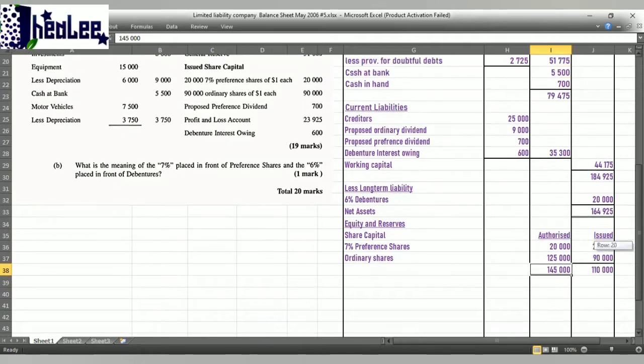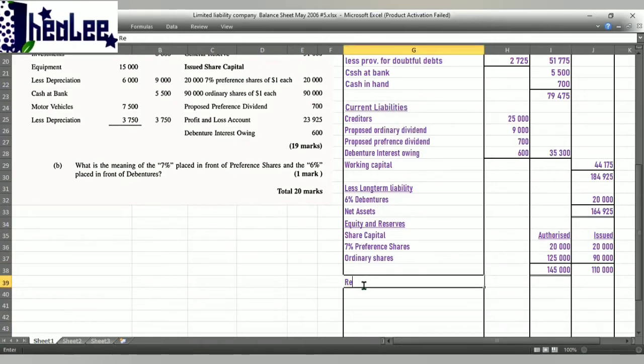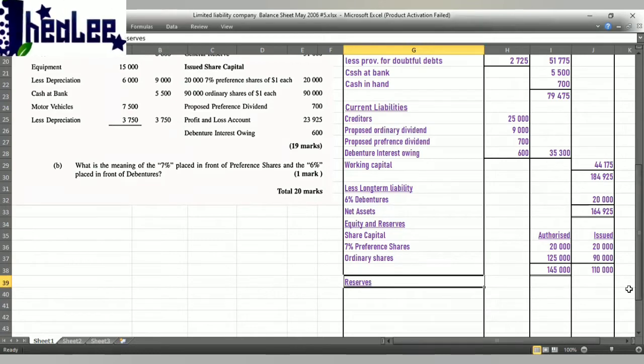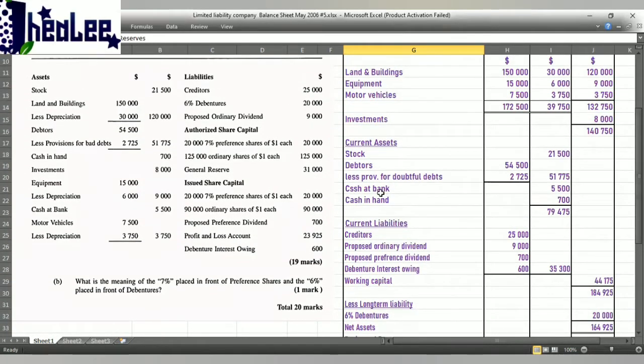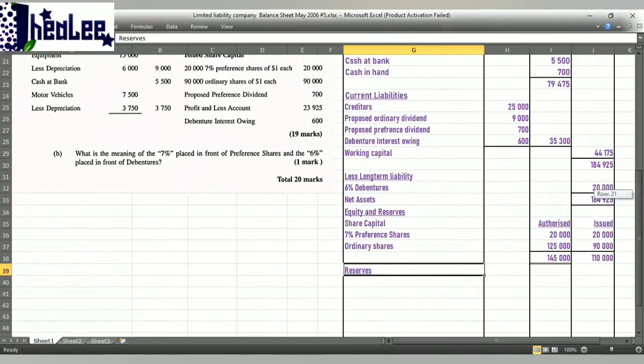Now that we have that, we can now enter our reserves. And what are the reserves? So from the question, we have general reserve of 31,000. We're going to make a note of that.